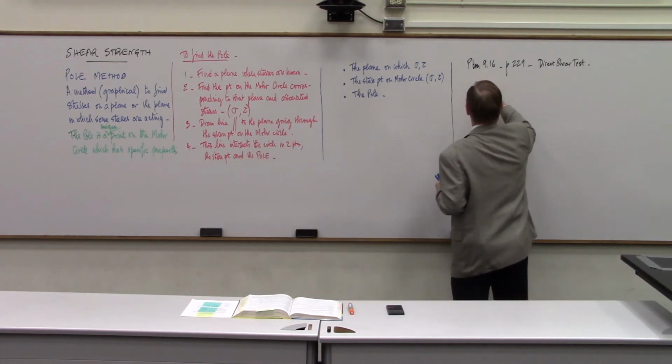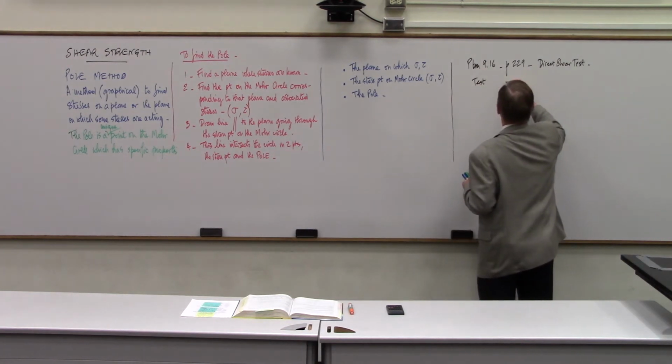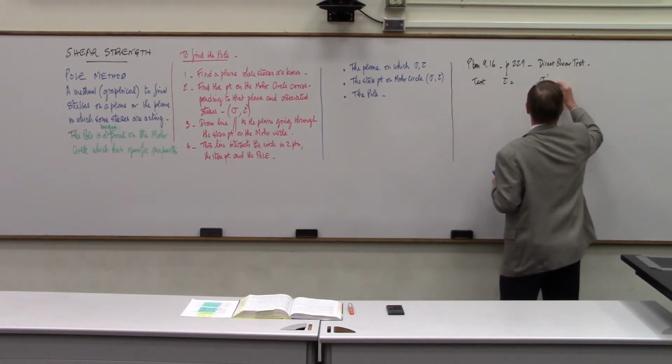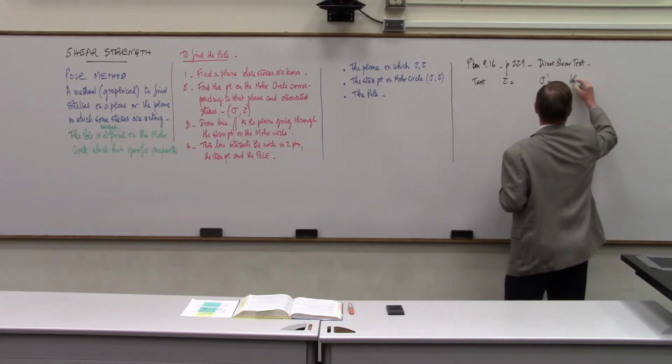So we had 2 tests. The first test, test 1, had tau equal 25 and sigma prime equal 30, both in kPa.